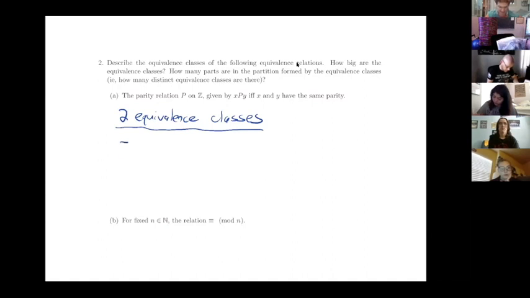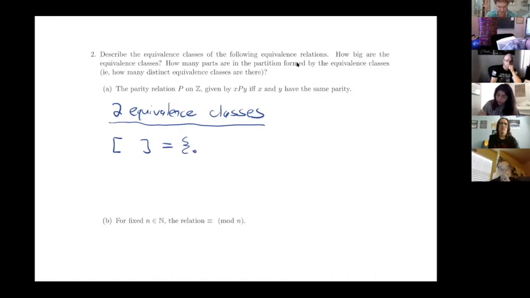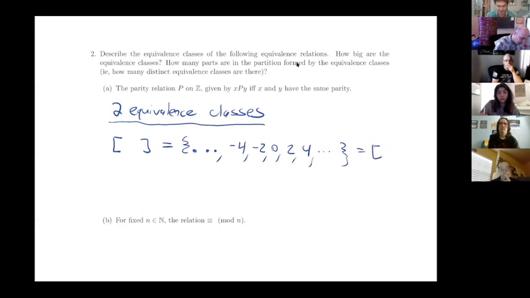So when we write these equivalence classes out, I could write it out as a set, or I could call it the set of even numbers. Equivalence classes are sets. So one way to describe it in words would be we get the even numbers.